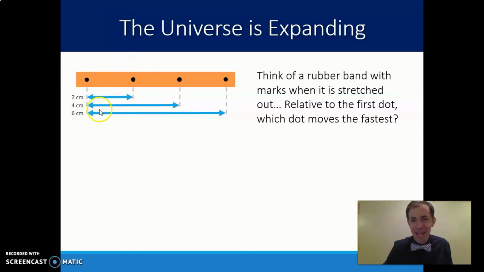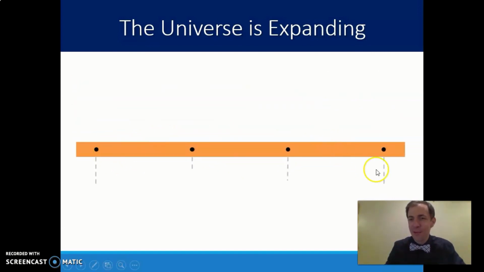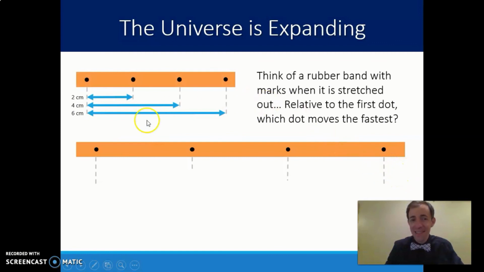Now relative to the first dot, which is going to move the fastest as it stretches? If we watch that stretch out, you'll notice that the farther away it is, the more ground that it's covered in that amount that it's stretched. So even though we're stretching pretty uniformly here, the farther galaxies move away more in the same amount of time than the closer galaxies.